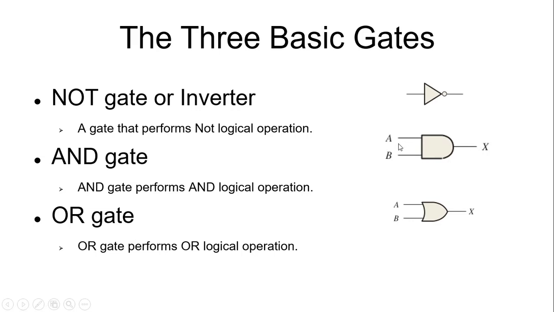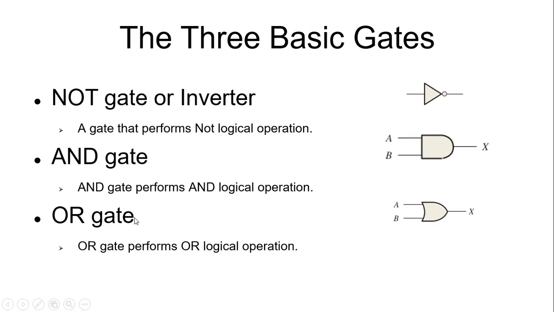Since AND is a binary operation, an AND gate consists of at least 2 inputs, A and B. So this is the logic symbol of the AND gate, which performs the AND logical operation.